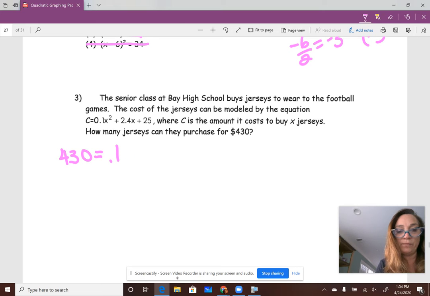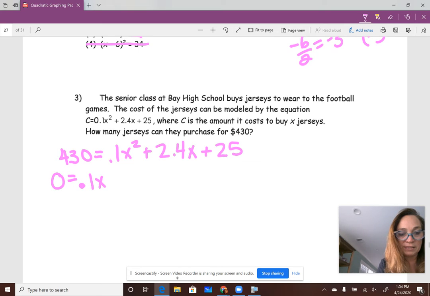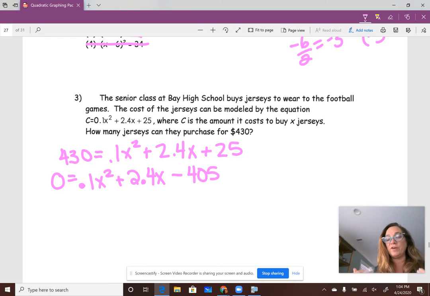And then I have 0.1x squared plus 2.4x plus 25. I'm going to set this equal to 0. So that's going to give me 0.1x squared plus 2.4x minus 405. Because to move the 430, I would do the opposite of adding, which is subtracting.